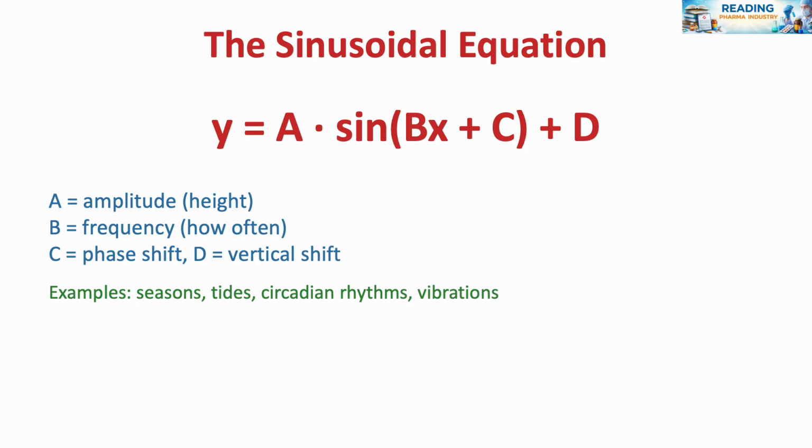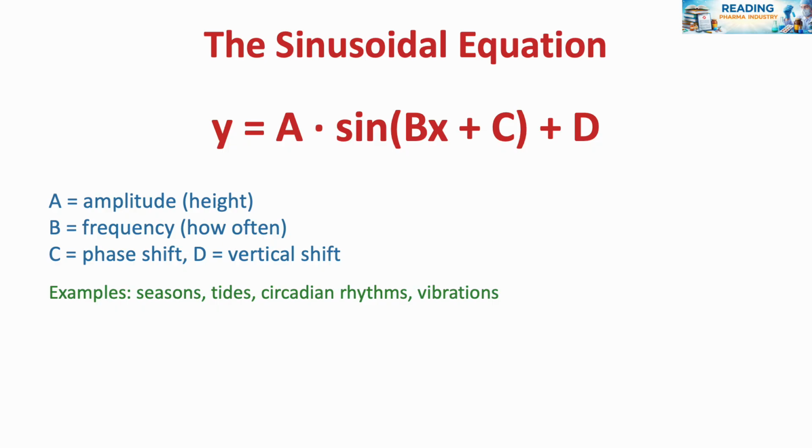Sinusoidal models describe oscillating patterns. The equation used to describe this kind of pattern is y equals A times sine of the quantity Bx plus C, plus D. A is the amplitude, that is the height of the wave. B will tell you the frequency, so how many waves you will have, and basically how often they repeat.